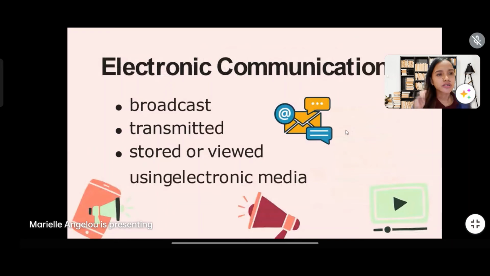Okay, so aside from written communication, which is any written message with the use of pen and paper, we also have what we call electronic communication.